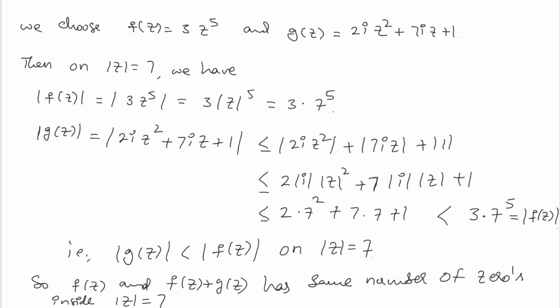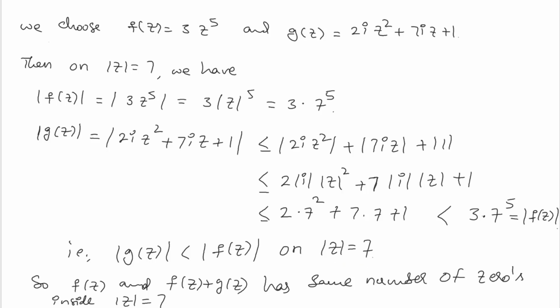In this case also we can calculate the number of zeros of this term easily, but when we choose 2iz square as f of z, then the condition absolute value of g of z is less than modulus of f of z may not hold on this circle, since we are considering the circle as mod z equal to 7.